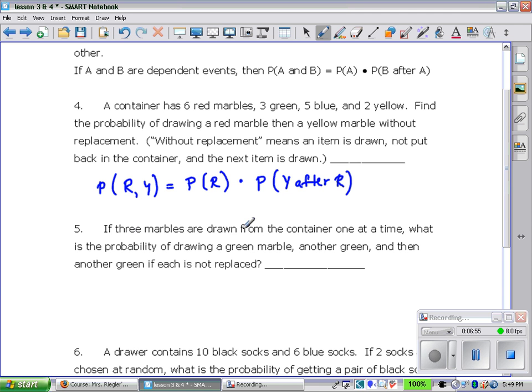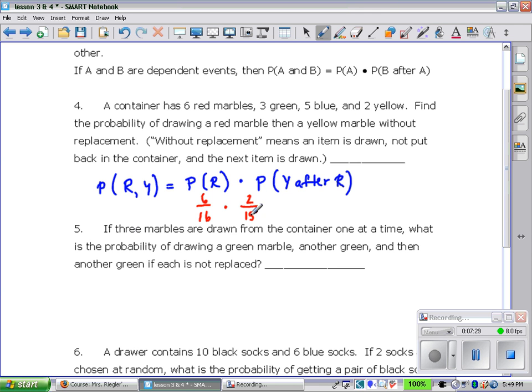So probability of getting a red, we had 16 marbles total. There were 6 red. Now, remember, we kept that red marble out of there. So now, how many marbles are left in the container? This is where the dependent part comes in. If I draw a marble, keep it out of the container, that means there are only 15 left to choose from. Out of those 15, how many are yellow? There are 2.